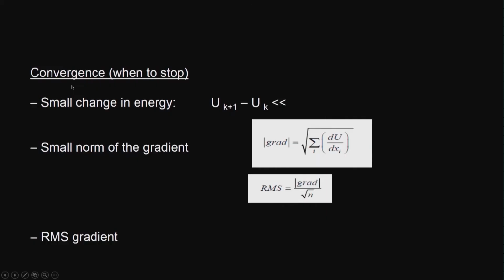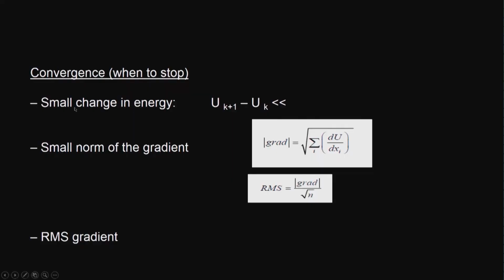How do you know it is enough to stop? We keep trying to change until we get the minimum values. How do you know when to stop? When there is a very small change in energy. That means I get a confirmation, I have some energy.